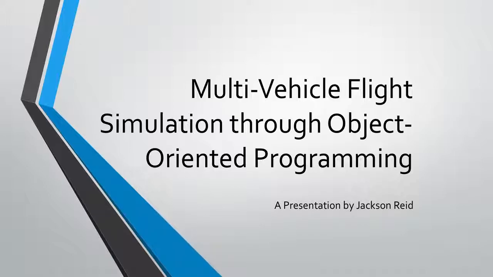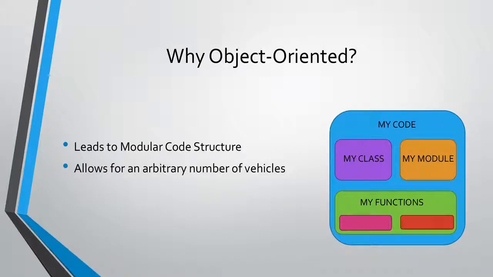All right, so what I did for my final project in Flight Sim is implement a multi-vehicle flight simulation using object-oriented programming. So why object-oriented programming? It lent itself to a modular code structure and allowed me to add an arbitrary number of vehicles to my simulation.